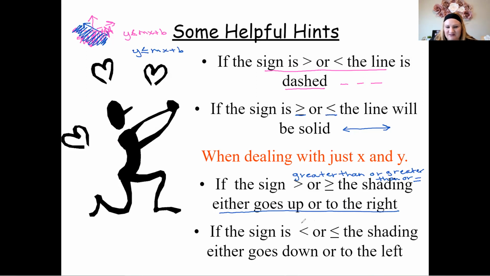So down here, if the sign is less than or less than or equal to, then that means you're going to shade down or to the left, because those are where you see the numbers that are less than the y value. So we're going to look at some more examples.